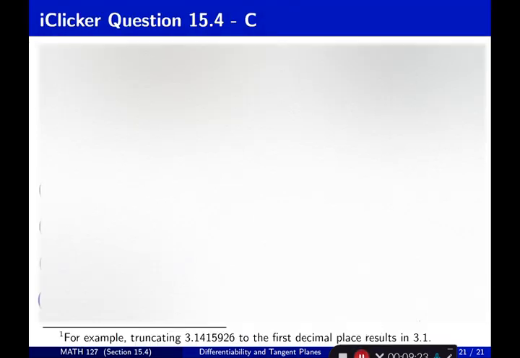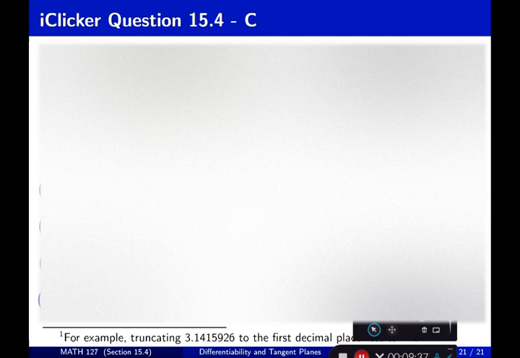I got here question 15.4. Four positive numbers, each less than 10, are truncated to the first decimal place and then multiplied together. Use differentials to estimate the maximum possible error in the computed product that might result from truncating.